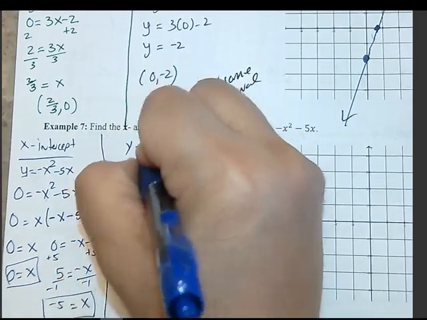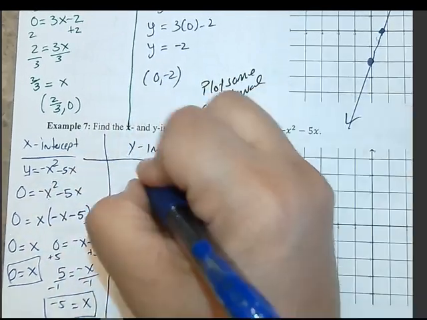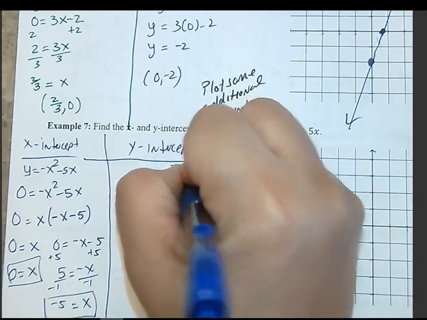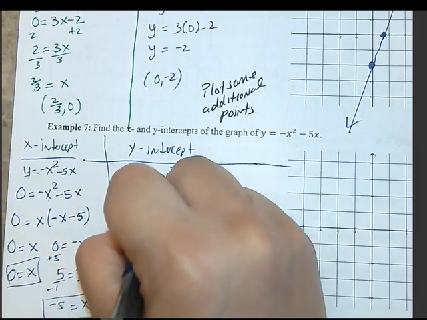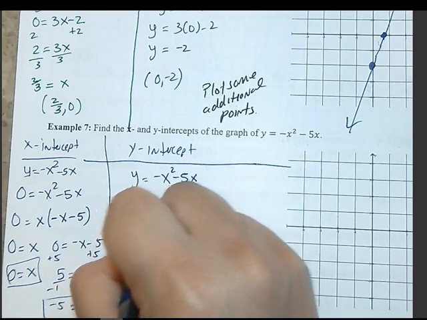So the y-intercept, so here we let x equal 0, so y is 0.